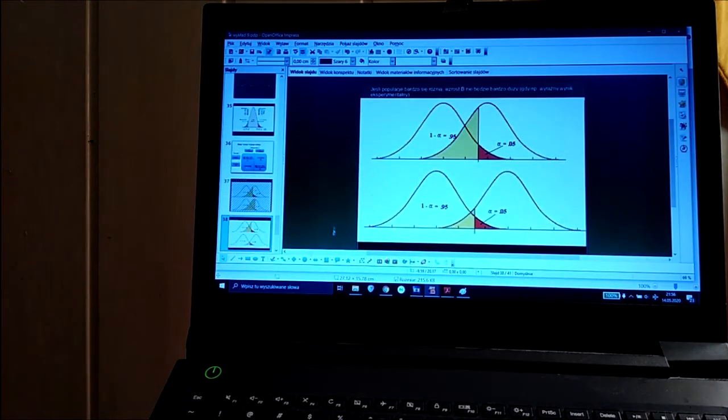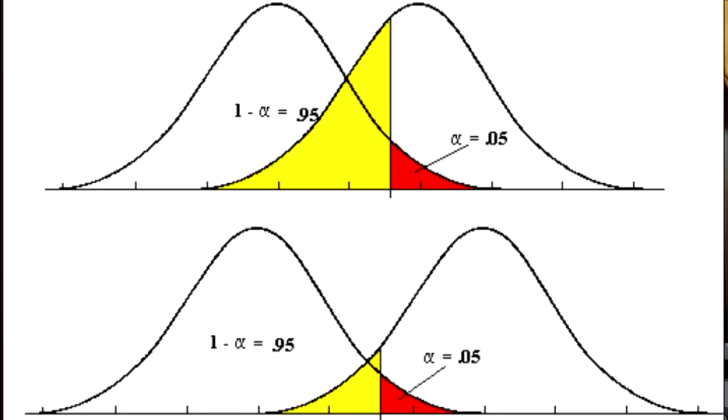Okay, next thing is, imagine two populations which really strongly differ. Then, if they differ very much, then even at the same level of significance, the probability of beta error is much smaller.